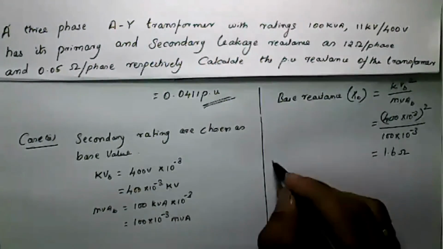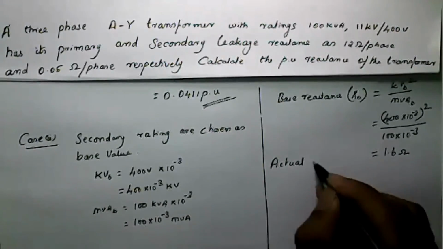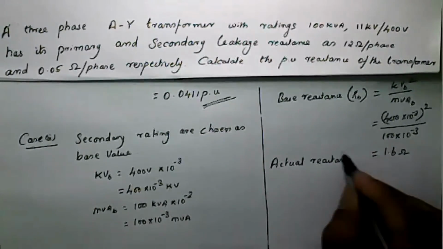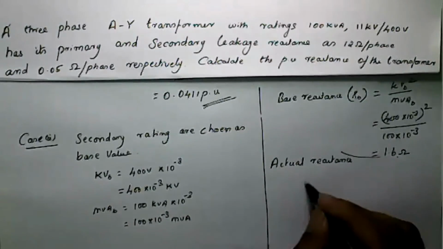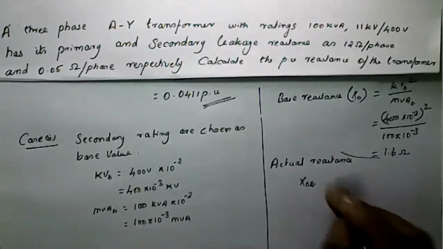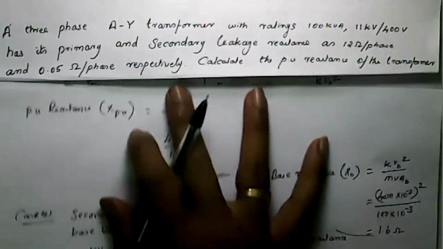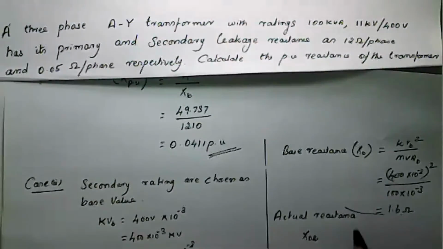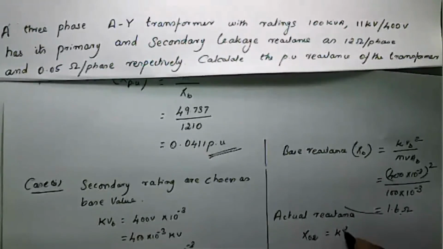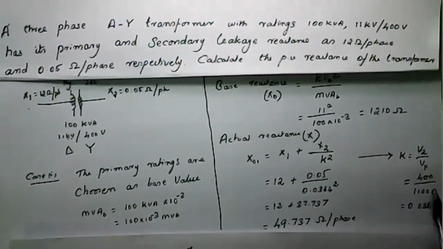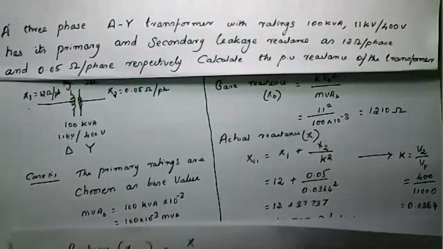Now calculate the actual reactance, with the reactances referred to the secondary side. X1 is referred to the secondary side, X naught 2. X naught 2 is equal to K square into X1 plus X2. The K value already calculated is 0.0364.